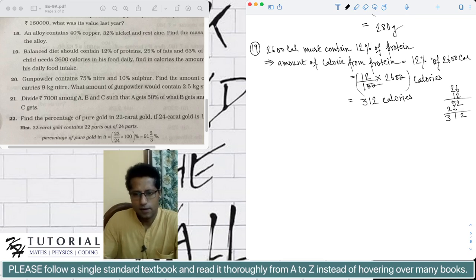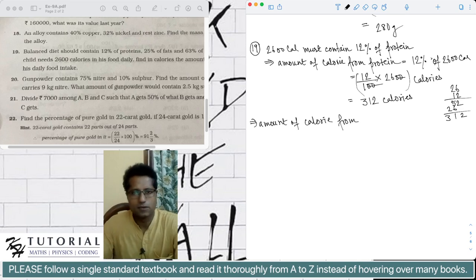Similarly, we can say that the amount of calorie from fats will be equal to 25% of 2600 calories.